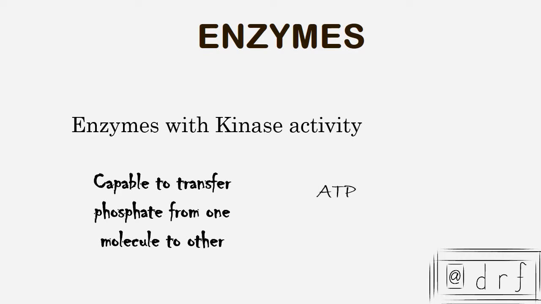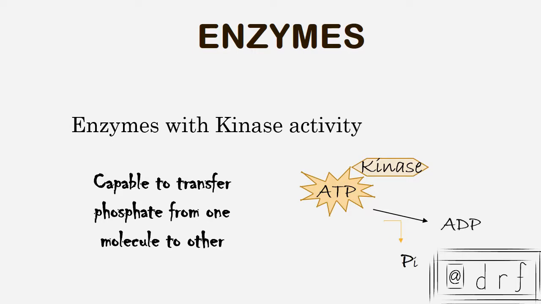For example, we see ATP, adenosine triphosphate. In the presence of a kinase enzyme, it reacts and leaves a phosphate group and is converted into ADP. This phosphate group would then be transferred to another molecule. This is the function of a kinase enzyme.